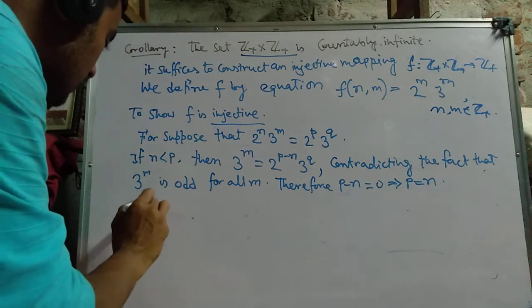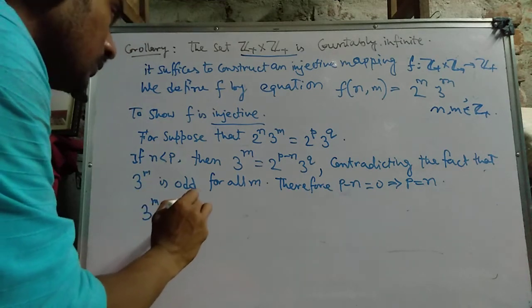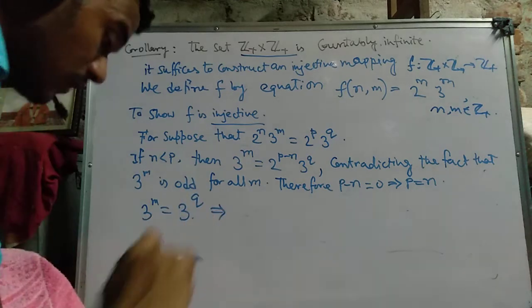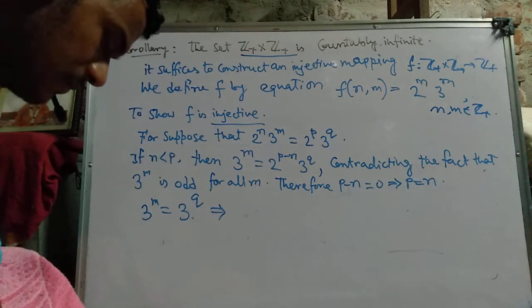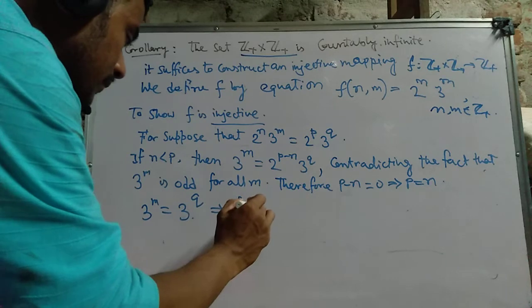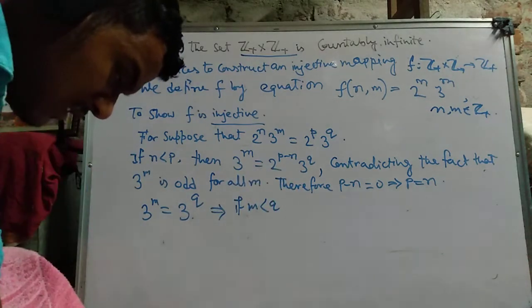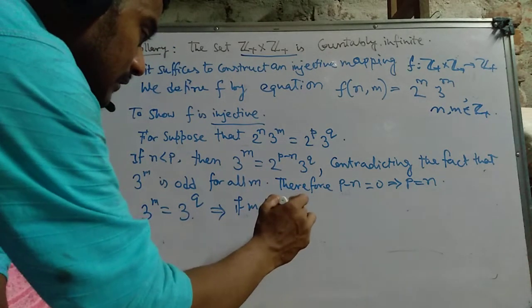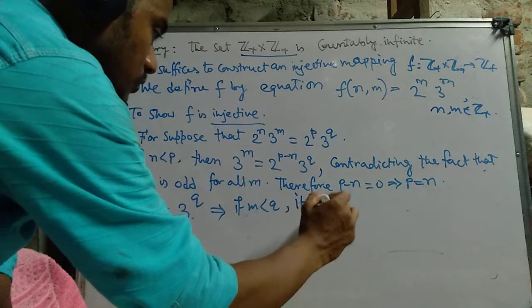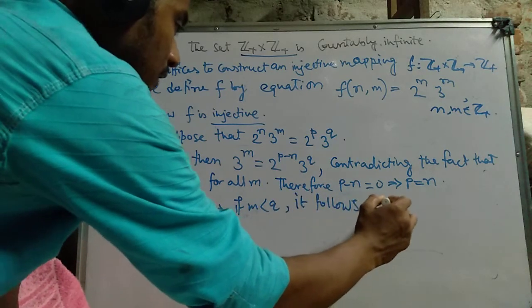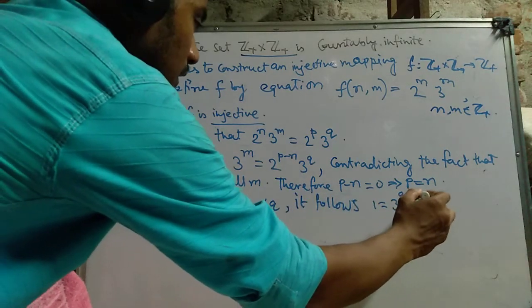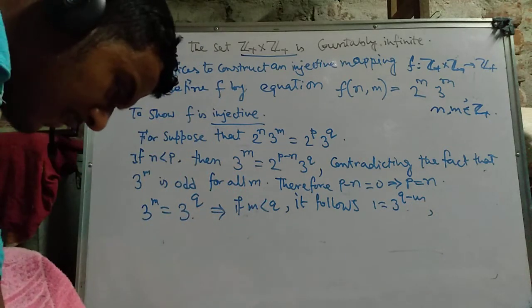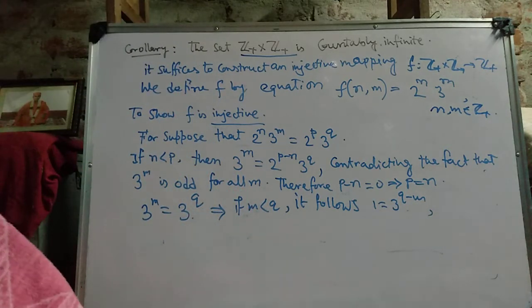Now this gives 3 to the power m equals 3 to the power q. If m is less than q, it follows that 1 equals 3 to the power q minus m, and we get a contradiction.